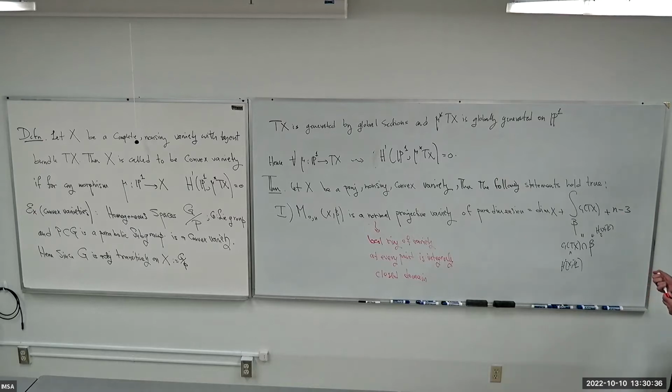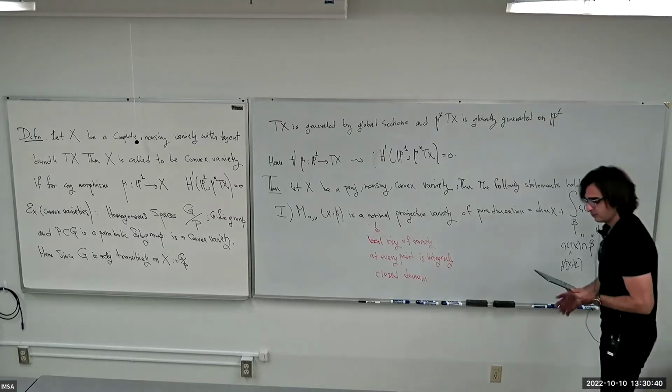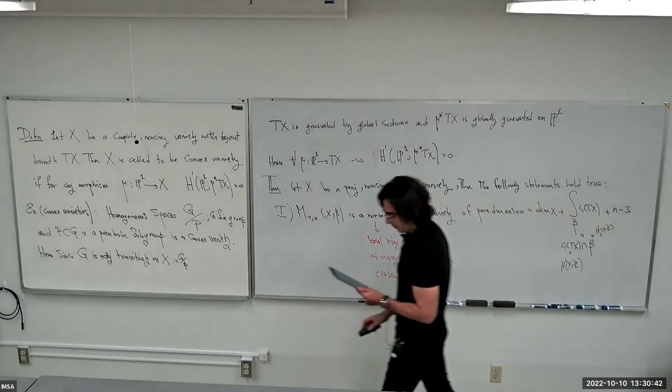So this moduli space is a normal variety.